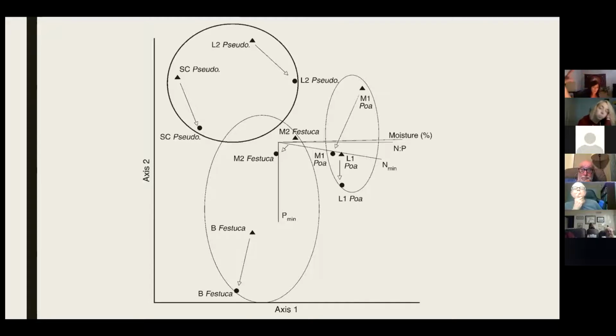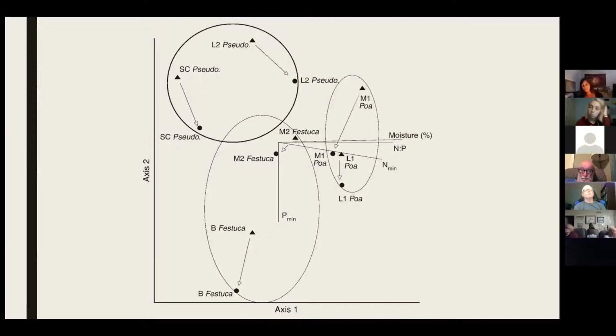And if you're far away from each other, then you're very different from each other in terms of your community composition. So not only did we get some remarkable differences and statistically significant differences between our grazed and our ungrazed communities, we saw them clustering by the type of plant that they were associated with.